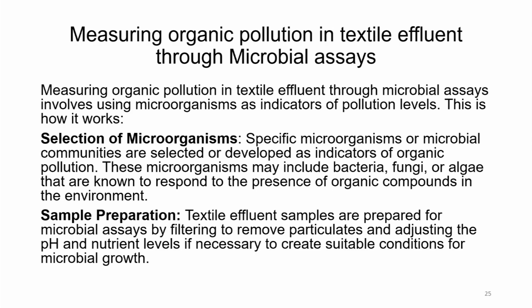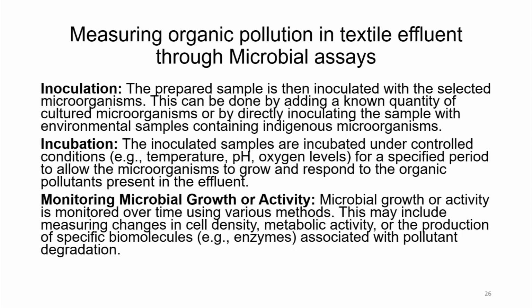Sample preparation. Textile effluent samples are prepared for microbial assay by filtering to remove particulates and adjusting the pH and nutrient levels if necessary to create suitable conditions for microbial growth. Inoculation. The prepared sample is then inoculated with the selected microorganism.